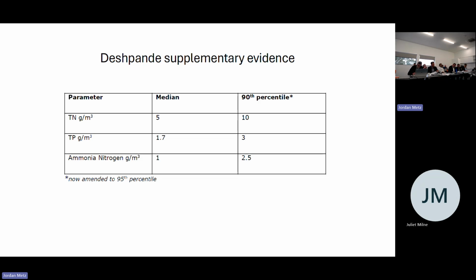Is there anything that you've identified that might be missing that would be required to be in an EMP for that extra monitoring and modelling work to be undertaken?